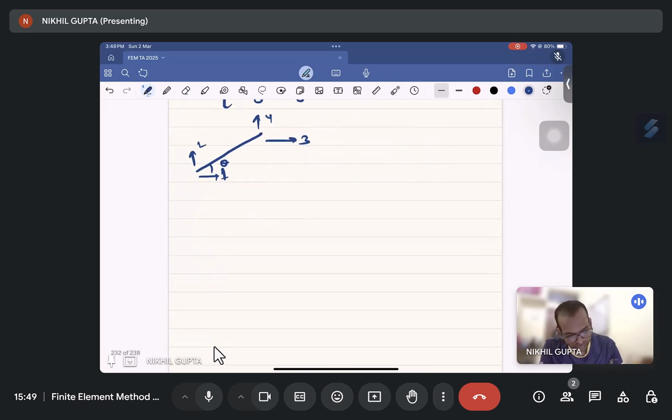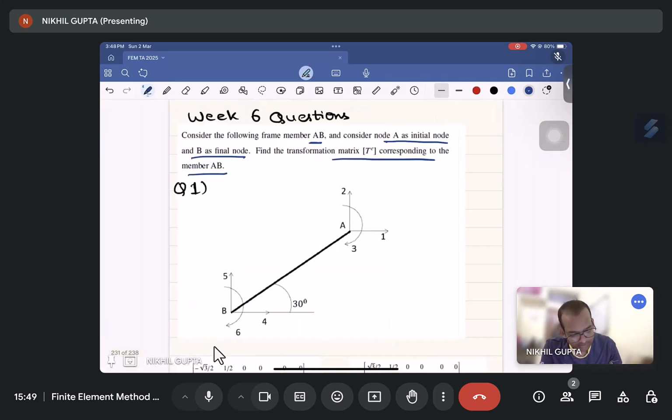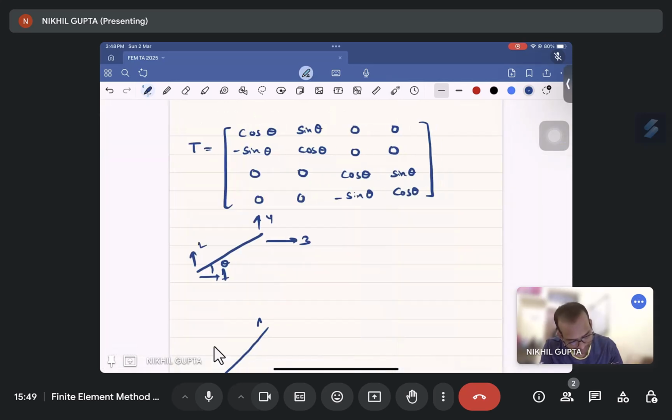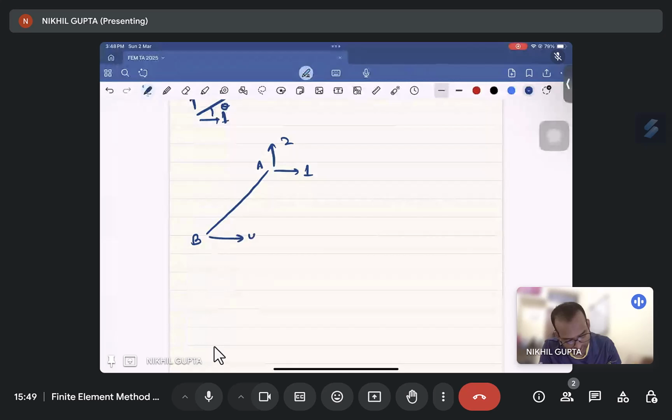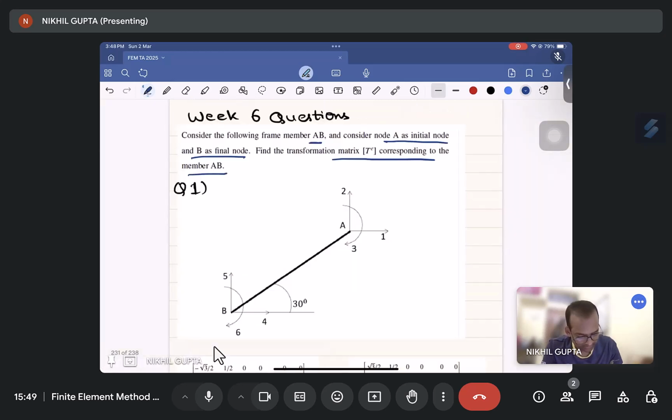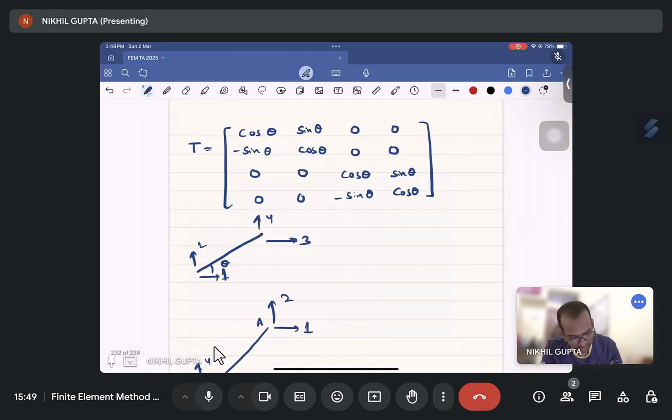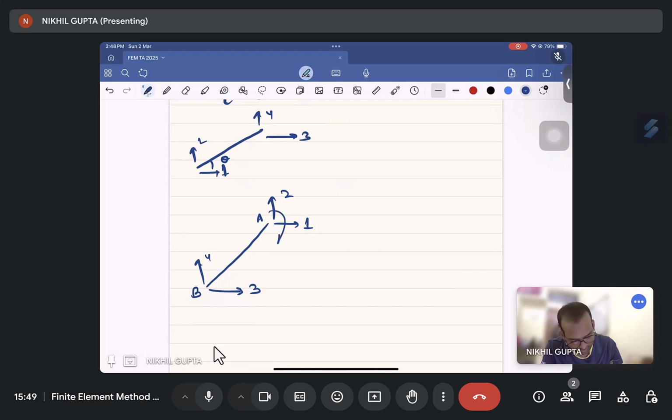Now what the question is saying: this is A, this is B, this direction is 1, this direction is 2, this is 3, and this is 4. Now they have reversed it. Oh sorry, this is third.